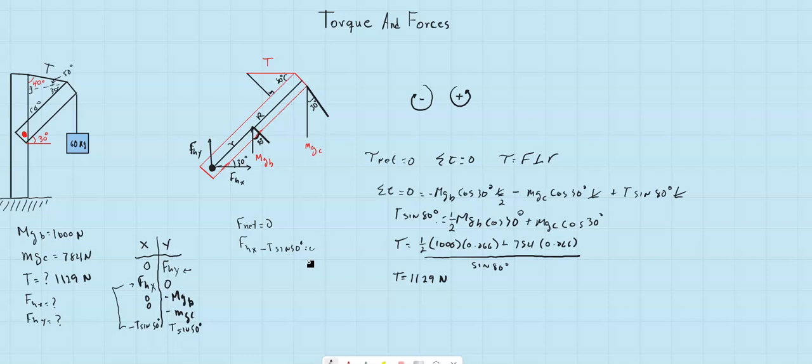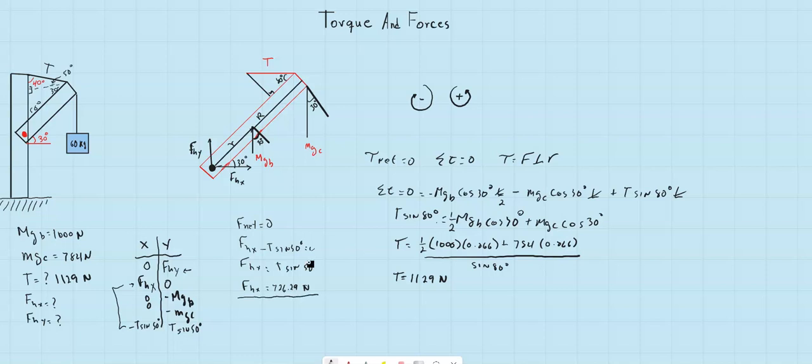So then FH of x is equal to T sine of 50 degrees. So our FH of x is equal to 726.29 newtons.